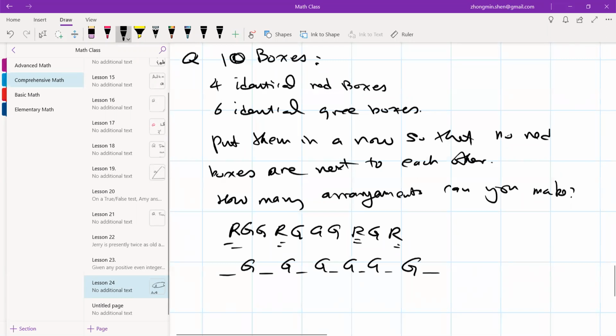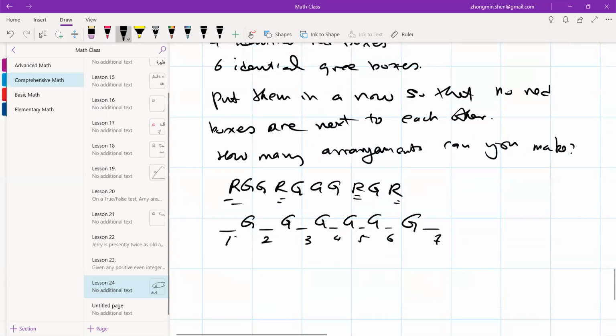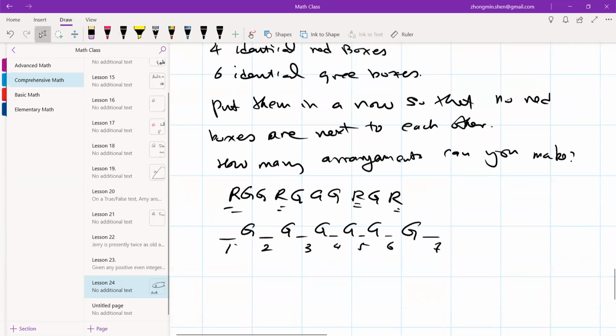So that means, how many spaces are you going to put? You have to choose one of the spaces, okay? So you have 1, 2, 3, 4, 5, 6, 7. If you put the red boxes in those 7 places, then no two red boxes will be next to each other.